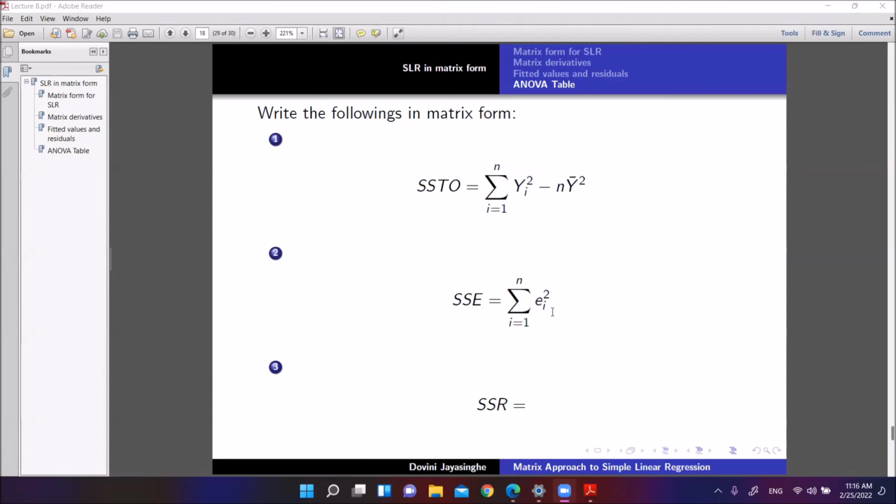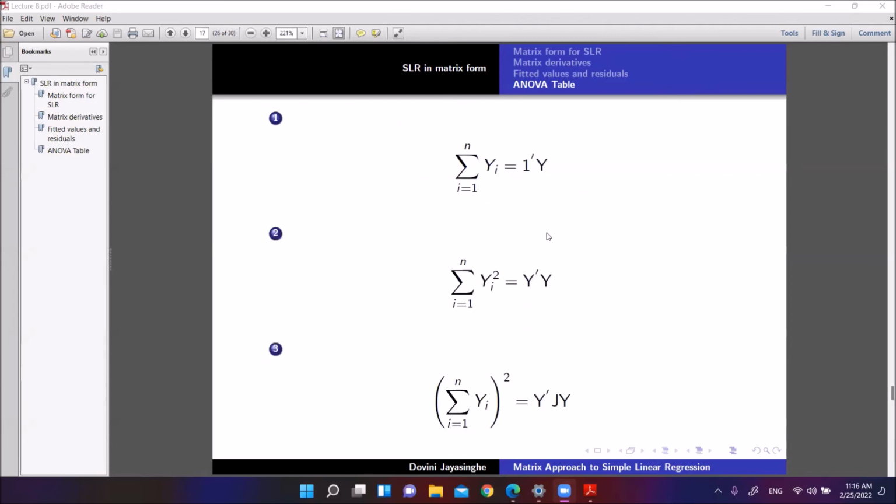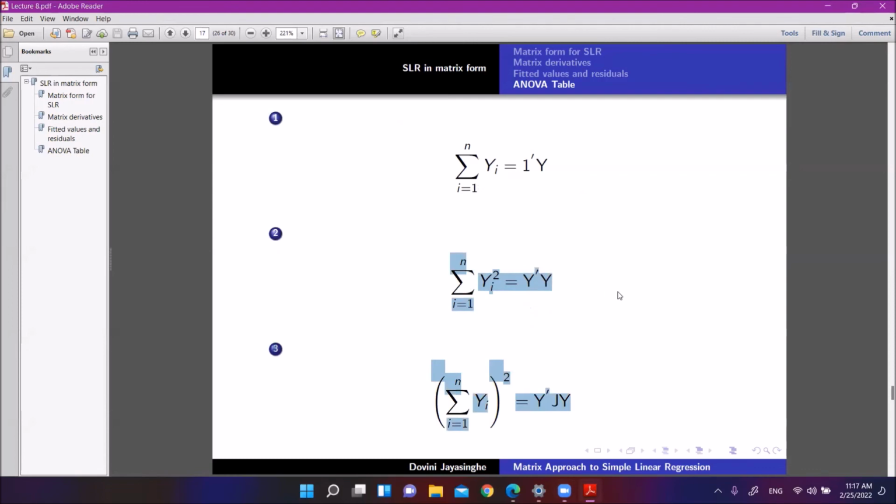Okay, I'll give you more time. So try to think about this like this. Just assume you have ei squared here. What are you going to have? e transpose e, where e is the error vector. That way is easier.